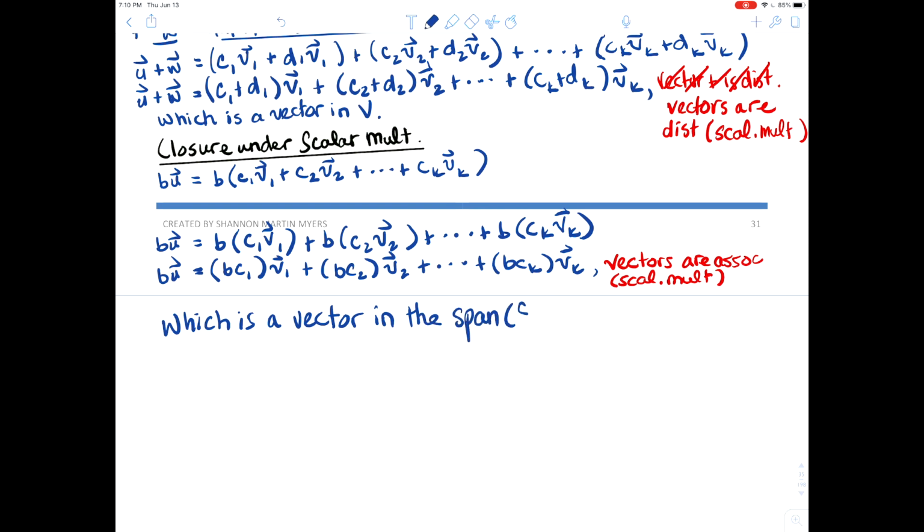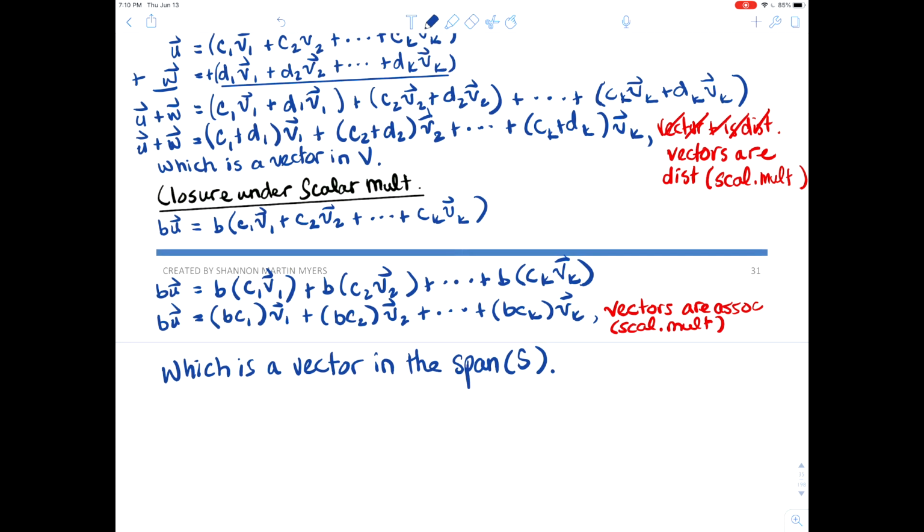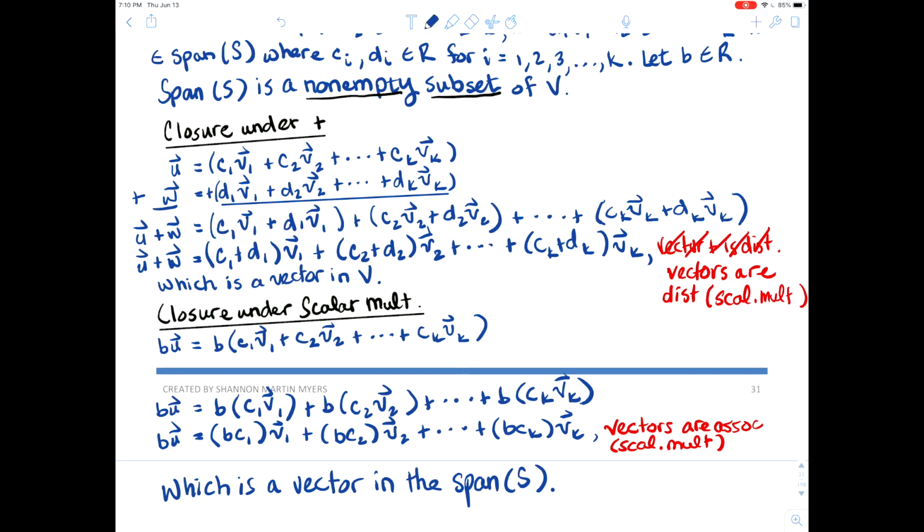And actually, I think I messed up earlier. I should have said here, instead of that one, which is a vector in the span of S. Cool.